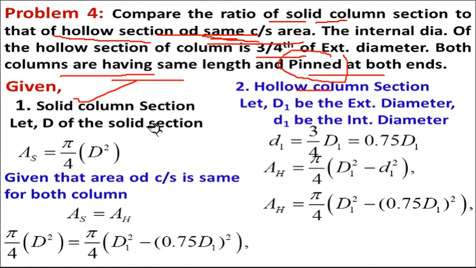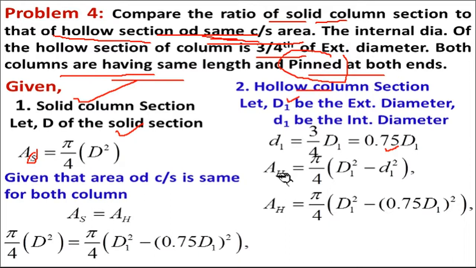For the solid column, I will assume diameter D, and its area AS for the solid column will be pi by 4 D square. For the hollow column, I will take external diameter as capital D1, and for the small diameter, it is given that the internal diameter is 3/4 of the external. So this small d1 will be 3/4 of d1, 3/4 means what? 0.75 d1.